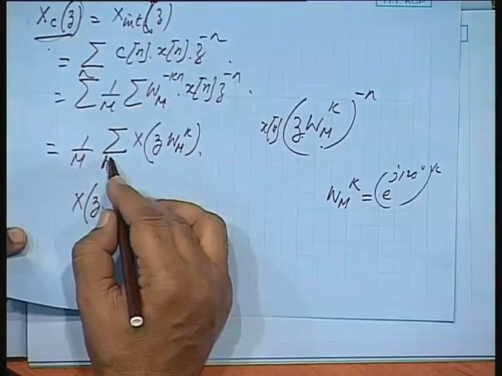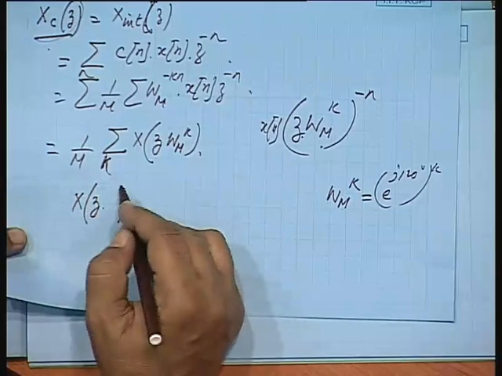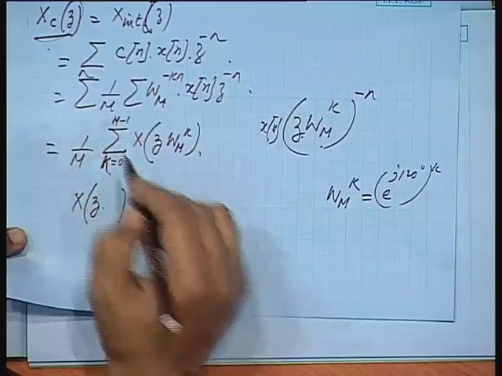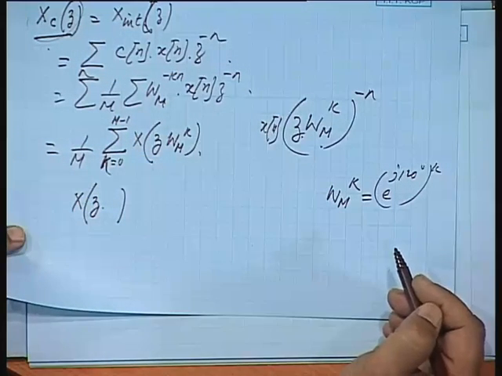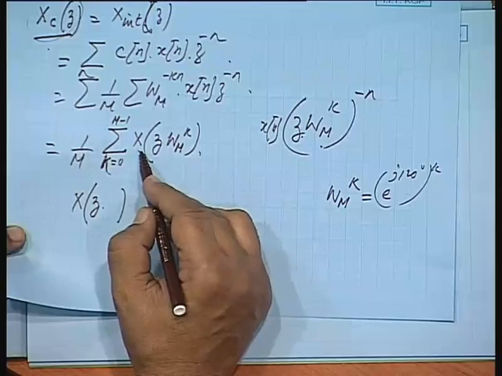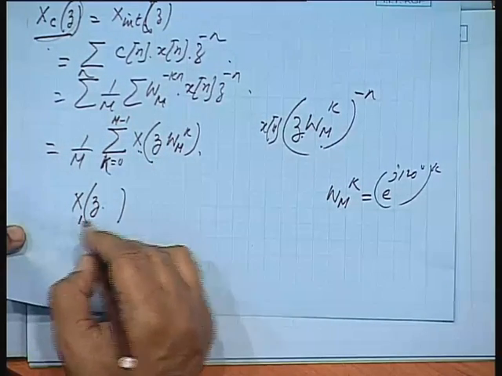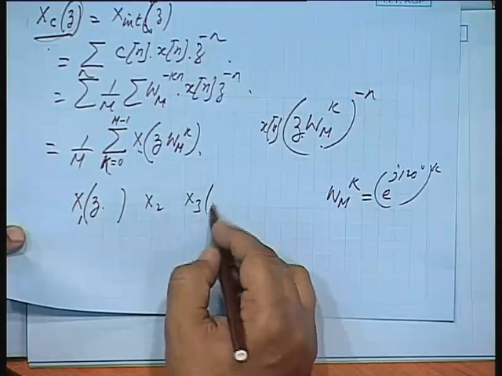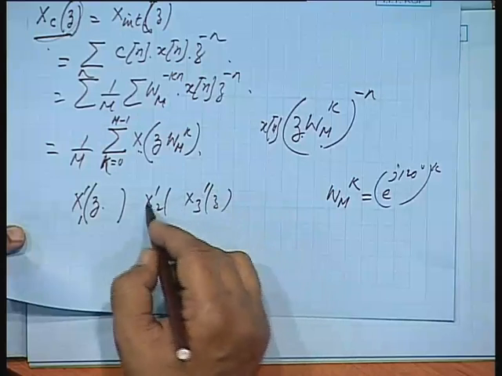This is summated over k varying from 0 to m minus 1. Okay. So, basically it is a summation of z transforms. If you call it as x1 z, x2 z, x3 z, all right, where I will call it x1.